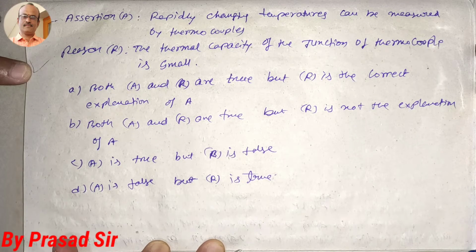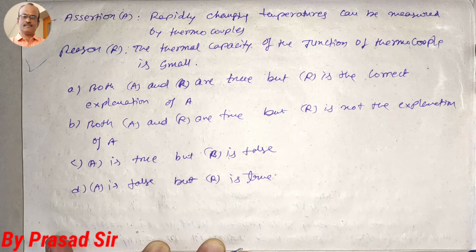Now the question number 32. Assertion A: Rapidly changing temperatures can be measured by using thermocouples, and reason: the thermal capacity of the junction of thermocouple is very small. Here assertion, rapidly changing temperatures can be measured by using thermocouples. So thermocouples respond to very small minute temperatures also.